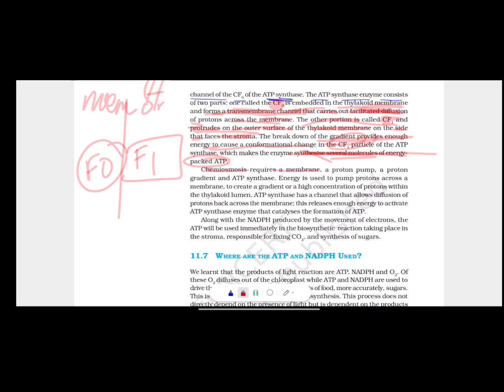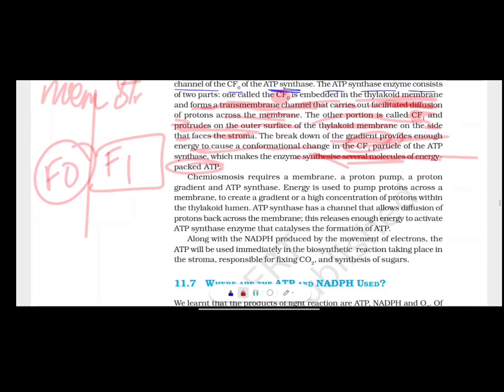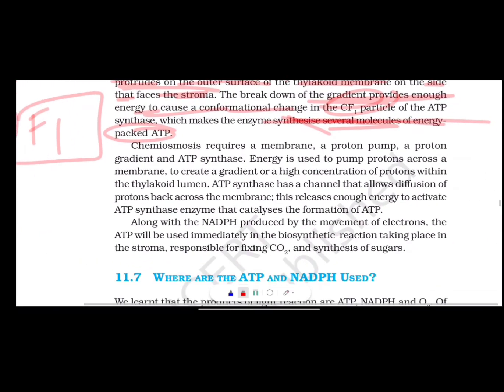Chemiosmosis requires a membrane. Very important question over here. Chemiosmosis requires what?